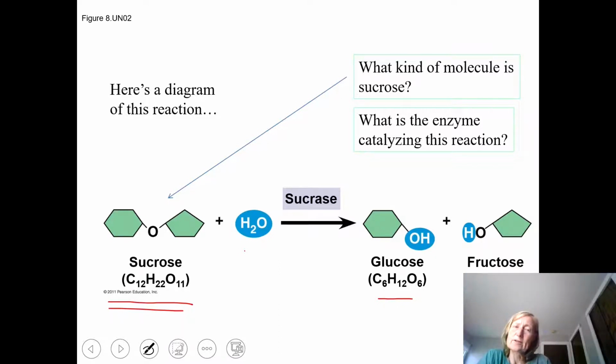So inside cells, sucrase catalyzes the reaction. Enzymes are always written above the reaction arrow. So I know that this is the enzyme. I also know it's the enzyme because it ends in the letters ASE. Sucrase catalyzes this reaction. It speeds up this reaction without being used up in the process, right?